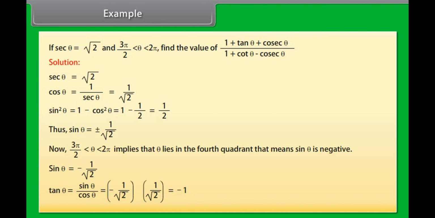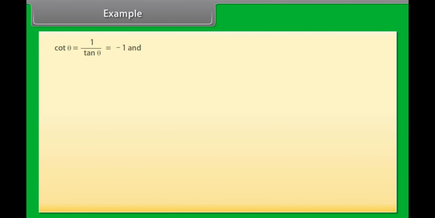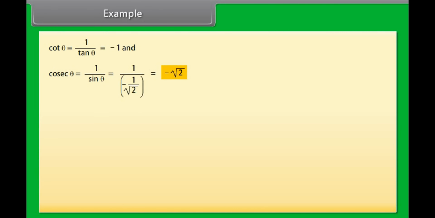Tan θ = sin θ / cos θ = (−1/√2) / (1/√2) = −1. Cot θ = 1/tan θ = −1, and cosec θ = 1/sin θ = 1/(−1/√2) = −√2.